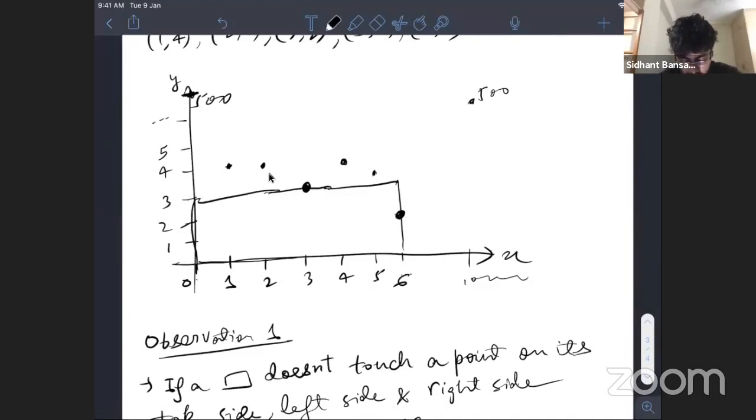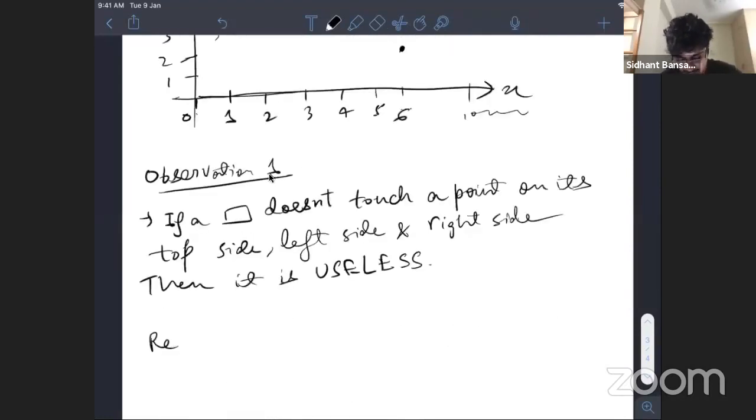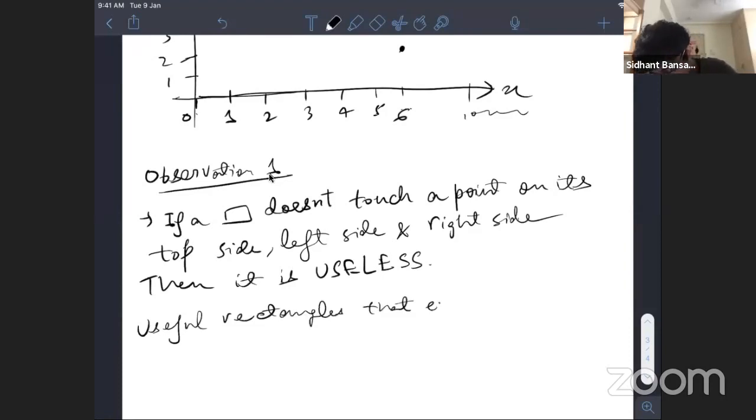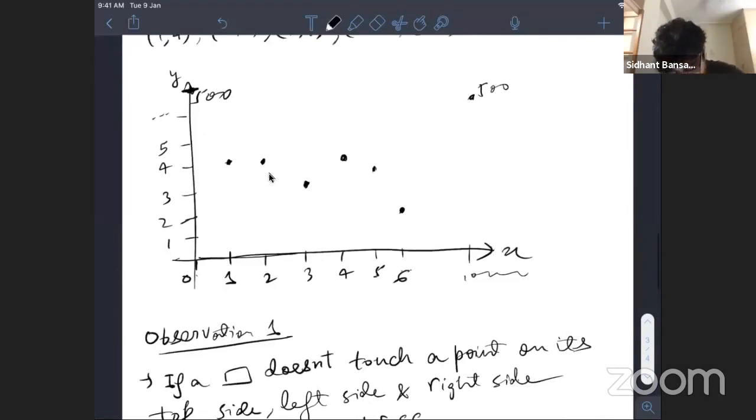Right? So think about all those useful rectangles that end at height h. Let's say there is a rectangle whose height is h equals 2.